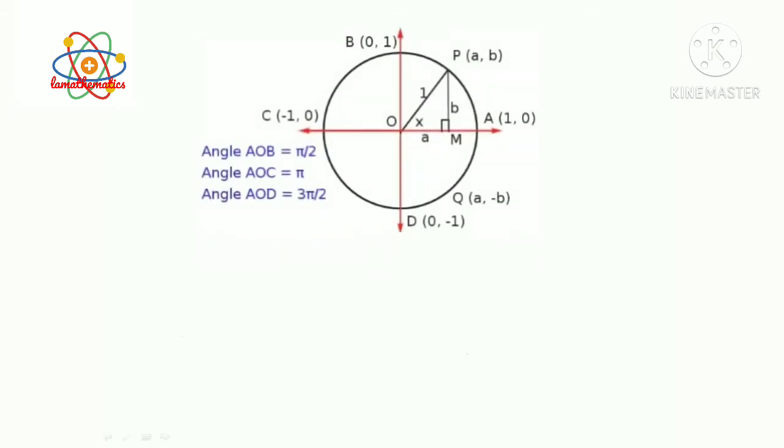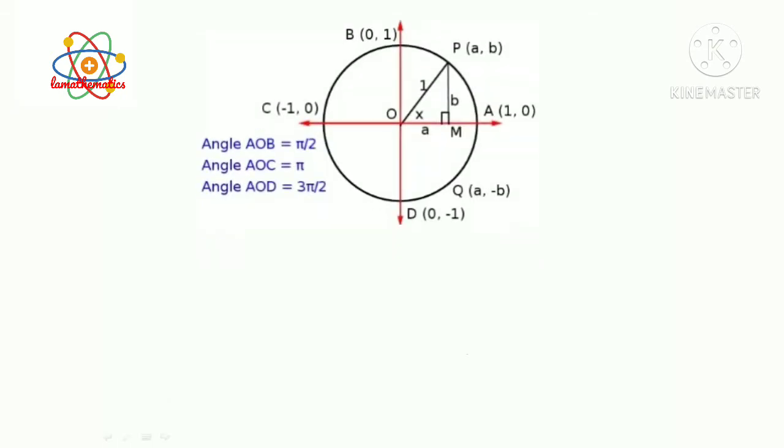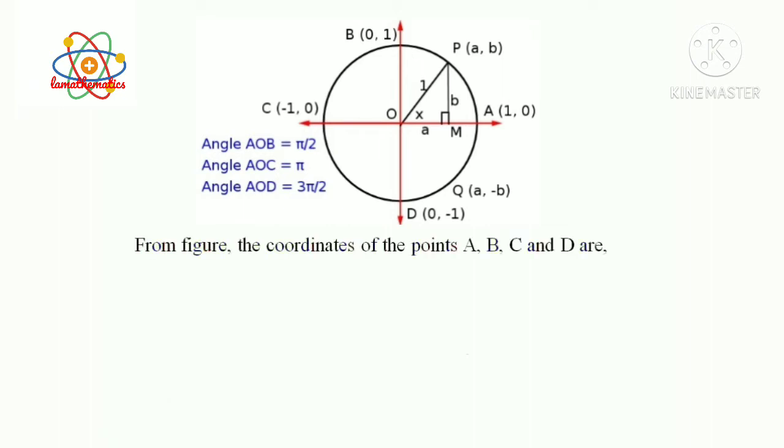Consider a unit circle with the center at the origin of the coordinate axis. From the figure, the coordinates of the points capital A, capital B, capital C and capital D are respectively the ordered pairs (1, 0), (0, 1), (minus 1, 0) and (0, minus 1).